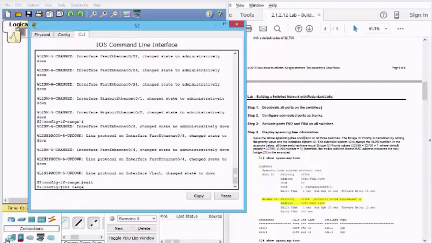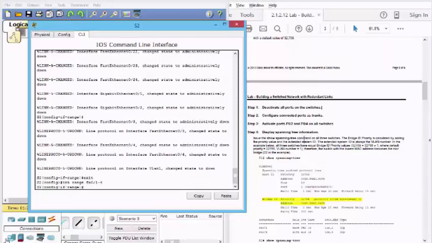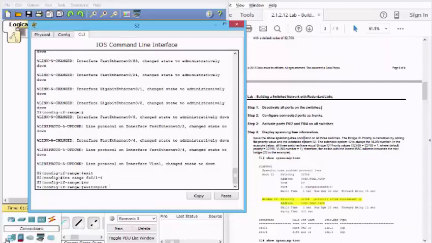Interface range, there are four ports, Fast Ethernet 1 to Fast Ethernet 4, FA 0/1 to 4. Switch port mode trunk.